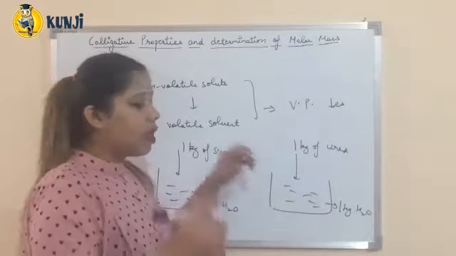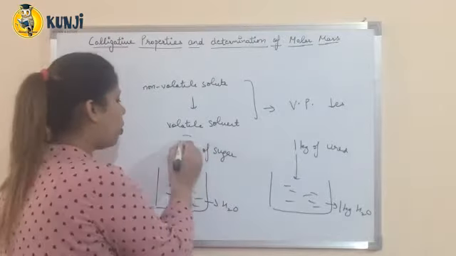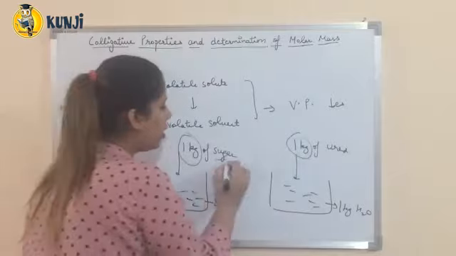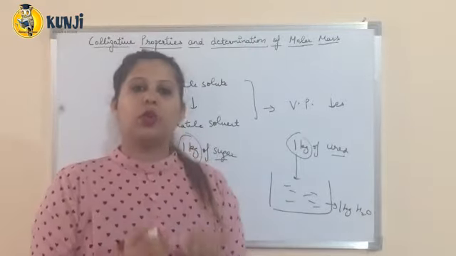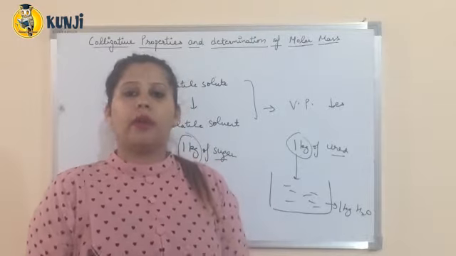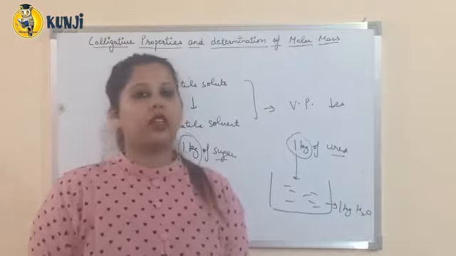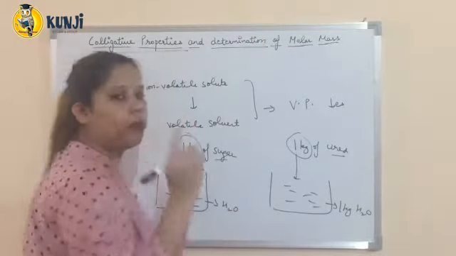It means the decrease in vapor pressure only depends upon the amount of the solute that we have taken, not on the nature of the solute. So these kinds of properties, which only depend upon the number of particles of solute and do not depend upon the nature of the solute, are known as colligative properties.